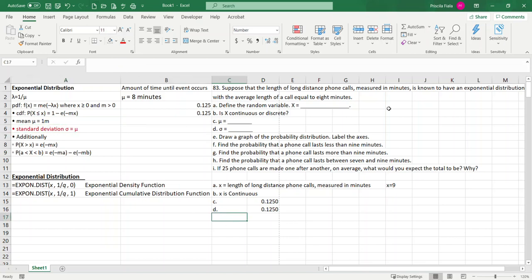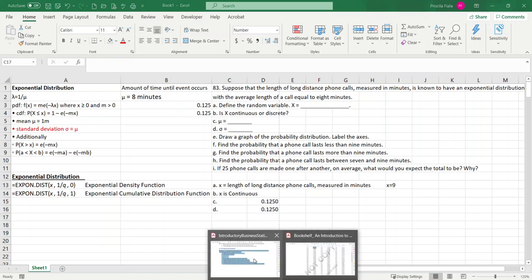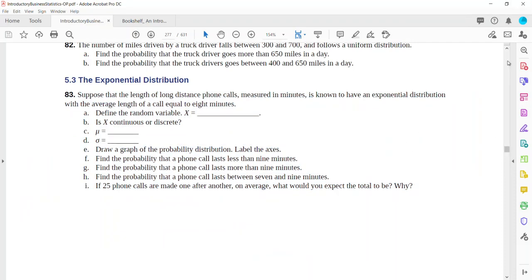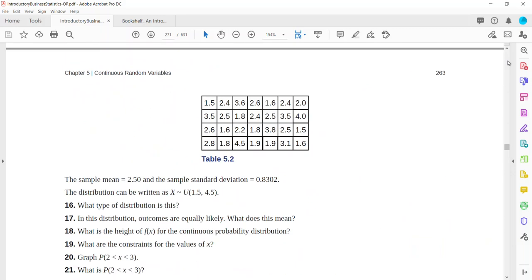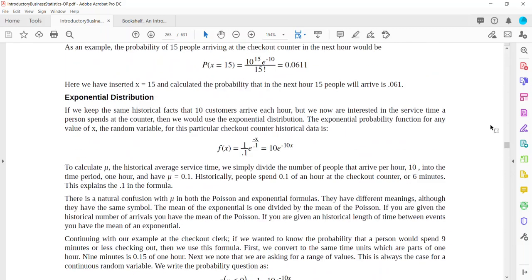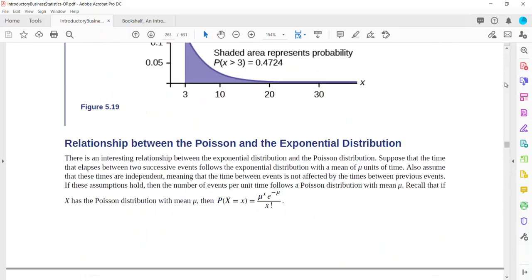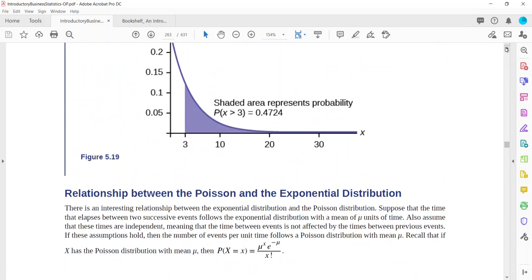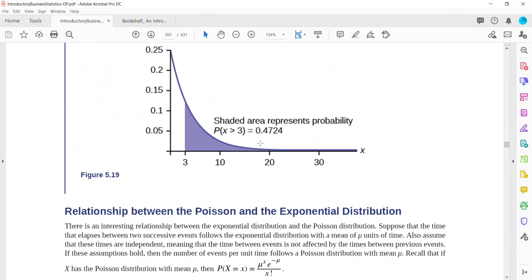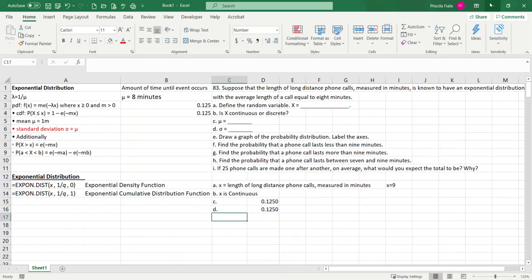Okay, E, we don't need to do the graphs. The graphs help you when we get to the normal distribution, the standard normal distribution. They help you determine the shaded areas. So when you're asking for values in between, higher or lower, it gives you an idea of what you should expect in your probability. So let's just skip the graph.